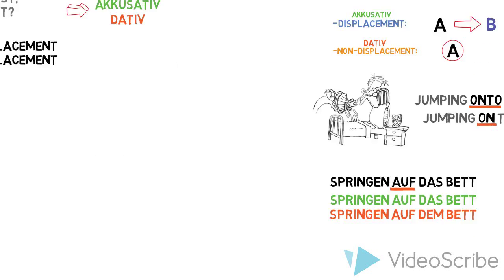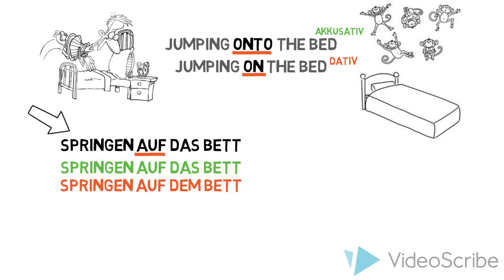Now what does that mean? In our past example, we have both the springen verb and the auf preposition, but we decline based on the preposition and not on the verb. Did you notice that? This happens every time. You must only decline based on the verb when there is no preposition next to it. Remember, prepositions have preference over verbs.